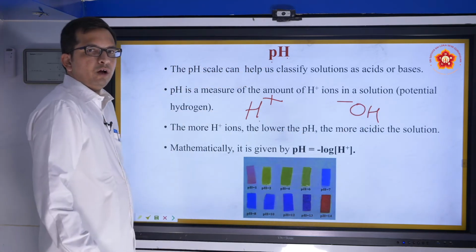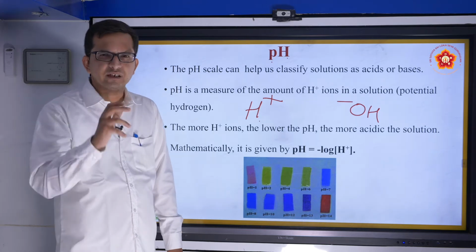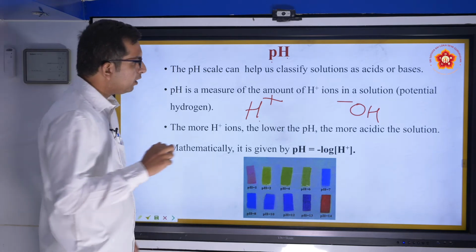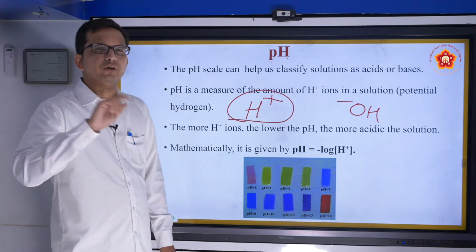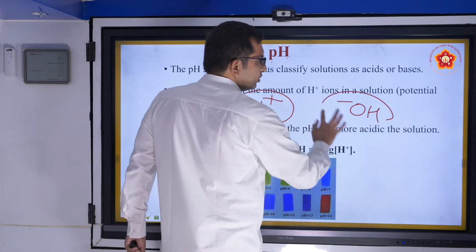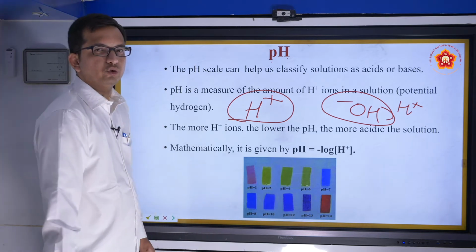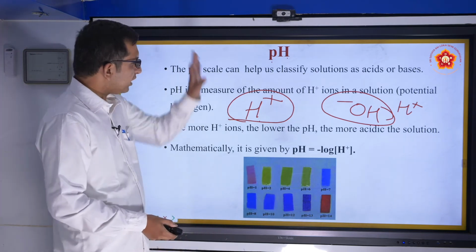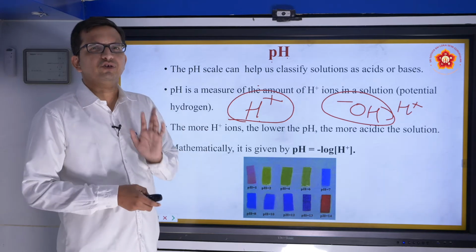But we have studied one important aspect, in fact it was asked in an assignment for you also, where acids no doubt will have H+, but they will have some amount of OH- also. Similarly, bases no doubt will have OH-, but they may have a small amount of H+ also, which indicates that you can just consider H+ and determine whether it's an acid, base or salt.